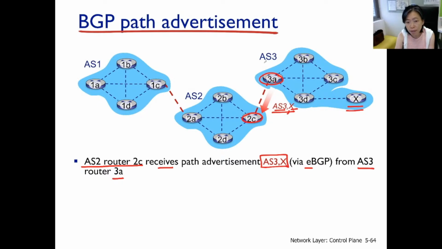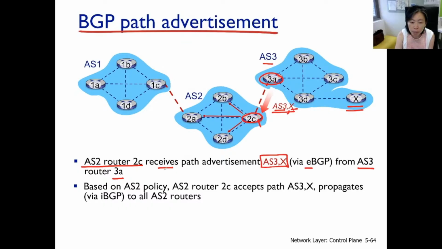So 3A of AS3. Now, if you recall in the very early slide, the border router here will then propagate the AS path throughout all routers in the network. But now, there's import policy. So the exact process is more like this. 2C there will actually check AS2's import policy.